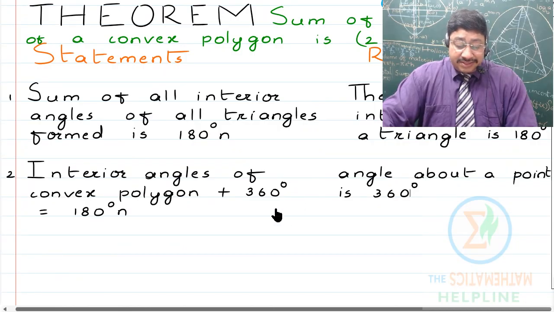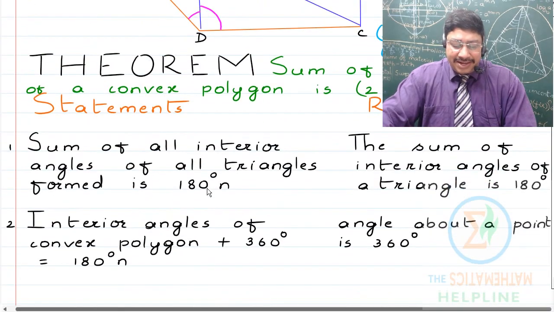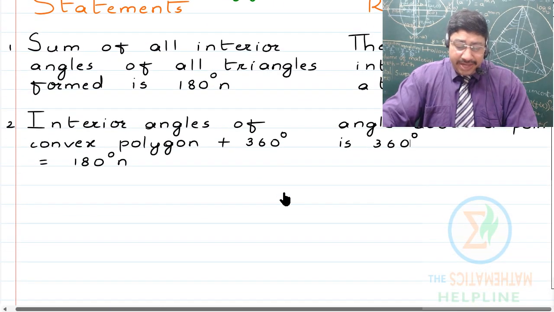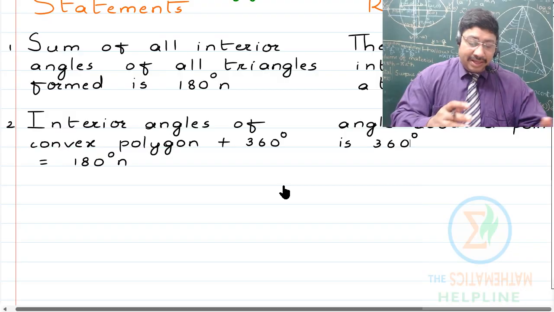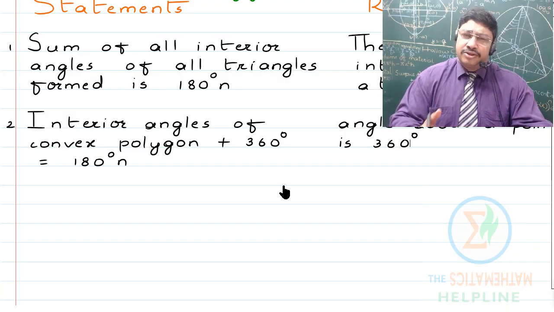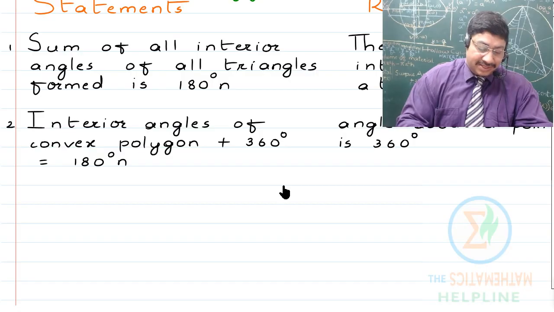So if to 360 you add also the interior angles of the convex polygon, which are actually the adjacent angles of these triangles, which are just side by side or laterally placed, then we have it equal to the sum of the interior angles of all of these triangles. Thus we can equate both of these, and if you take the sum of the interior angles of the convex polygon to be some x, then very easily we will be able to find the expression for which we have set out.